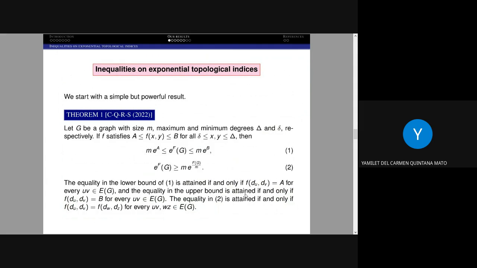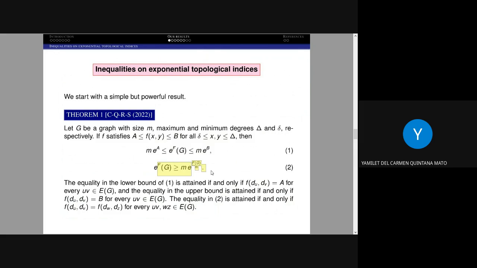Our first result is a simple but powerful result. In this theorem, we show that in the case of the function f satisfying these chains of inequalities for every x and y belonging to this interval, then our exponential index satisfies these chains of inequalities and this inequality.